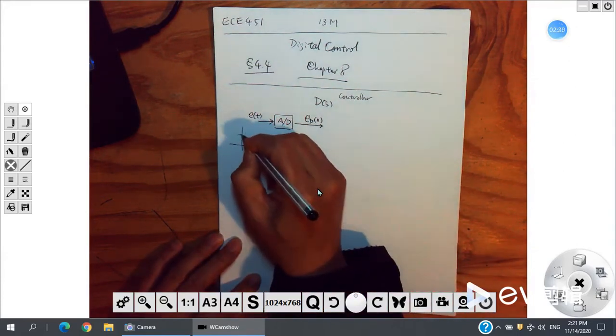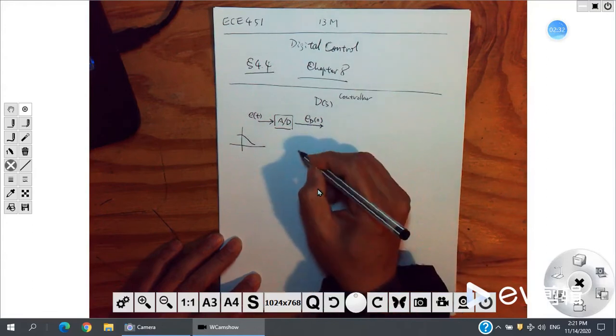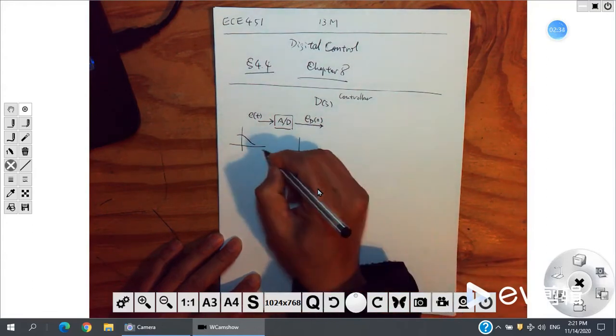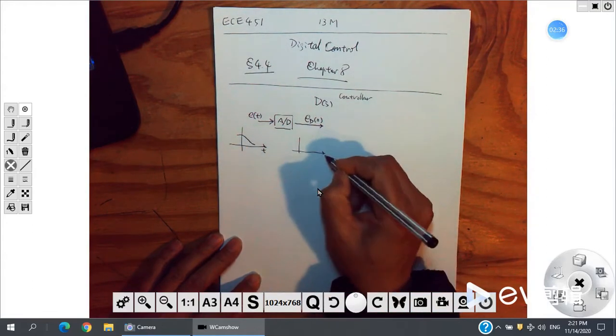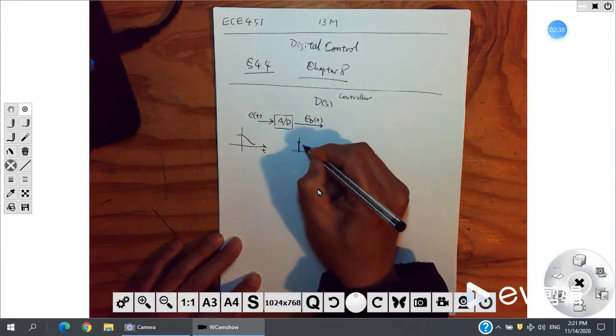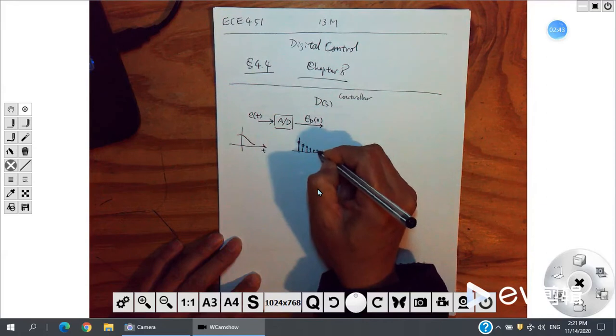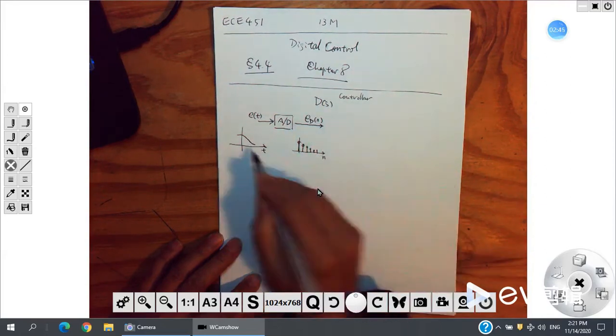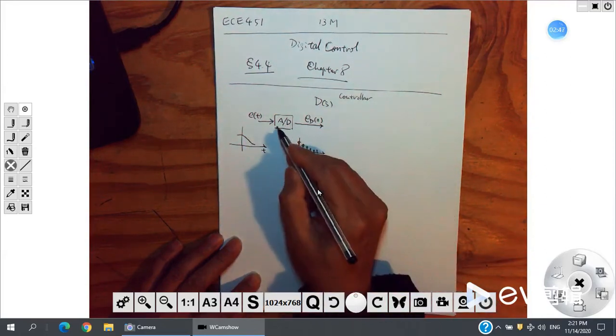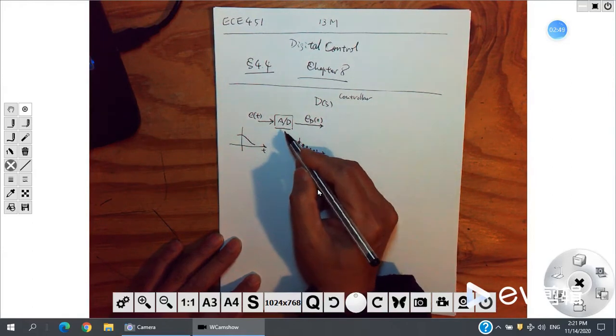Here is T, for E of T. Now it's N, and there are some values, symbols. So this one is just taking samples.